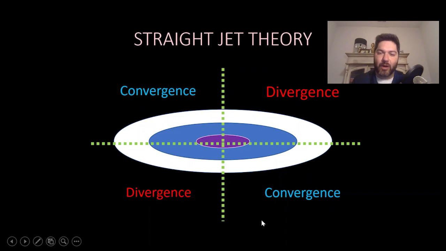In the right front quadrant, you'll have convergence. The opposite is true on the rear of the jet. You have convergence in the left rear quad, which would lead to sinking motion, and divergence in the right rear quad, which would lead to rising motion. Essentially, where you see divergence, that's going to lead to rising motion.